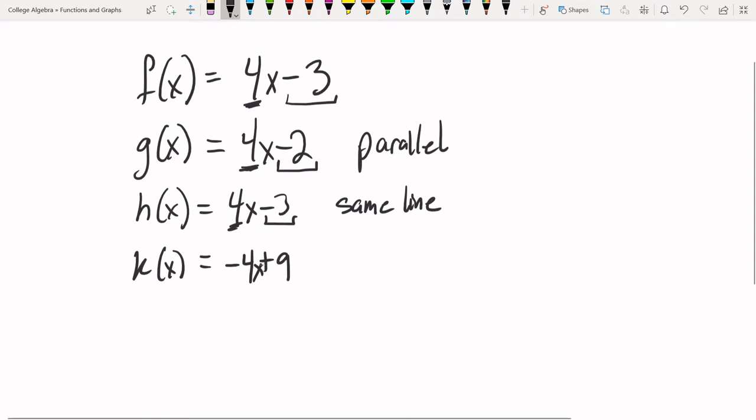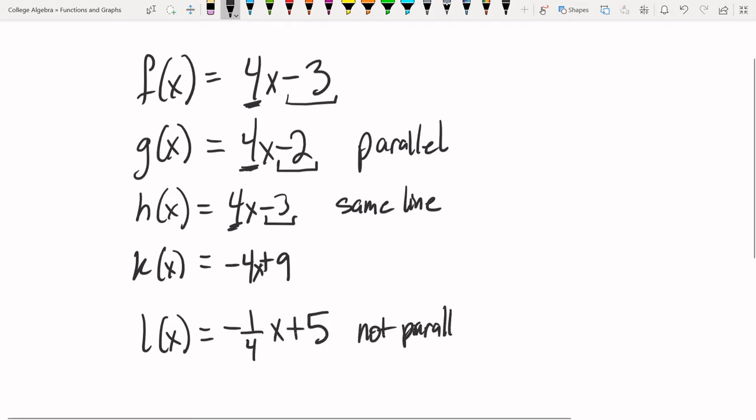But finally, L of x, let's say we have negative 1/4 x plus 5. This is not parallel, but it does have a special relationship. It is perpendicular. I can spell it correctly, perpendicular.